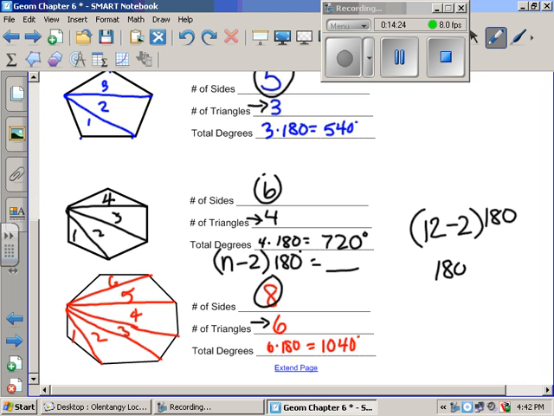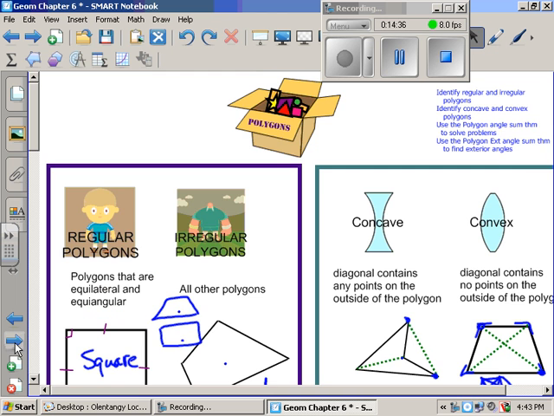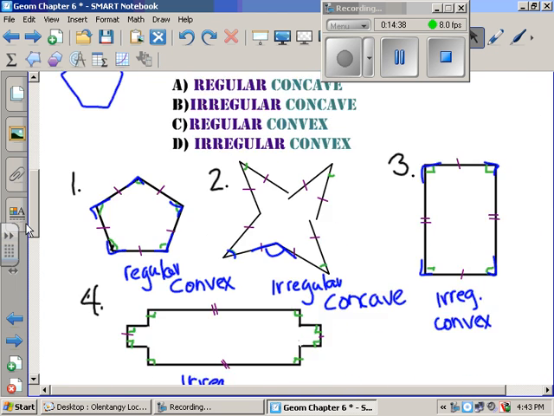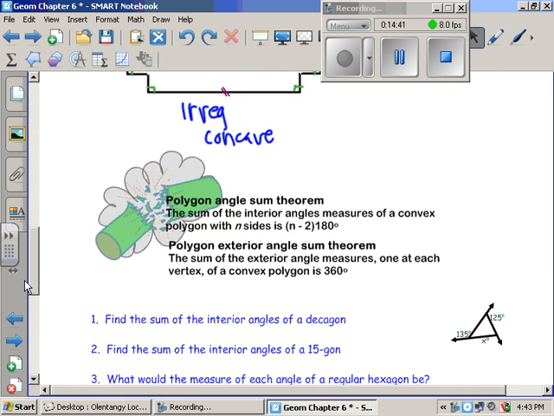So if I measure all the inside angles of a dodecagon and add them up, I would get 1,800 degrees. Right? And that is what these theorems are saying. The sum of the interior angle measures of a convex polygon with n sides is n minus 2 times 180.